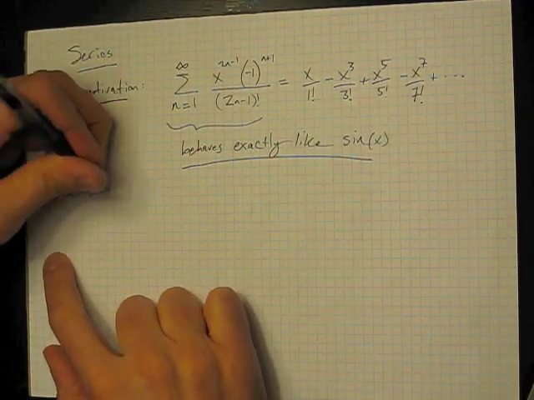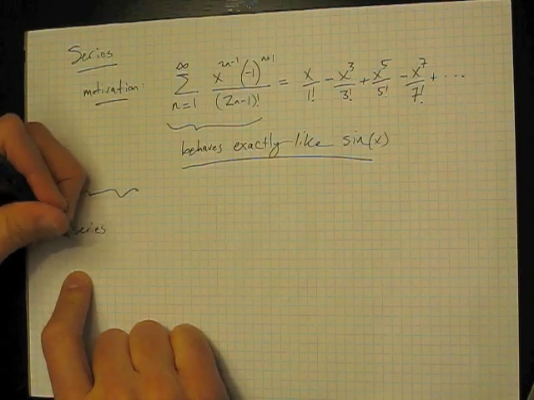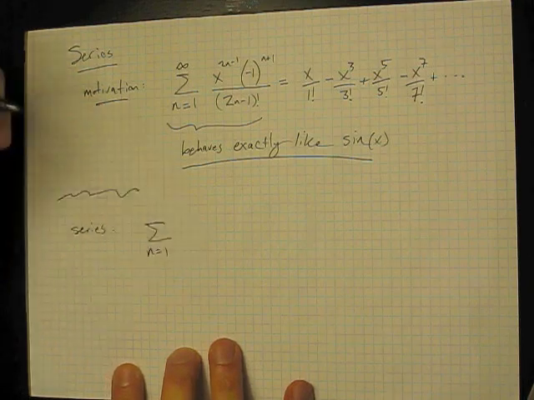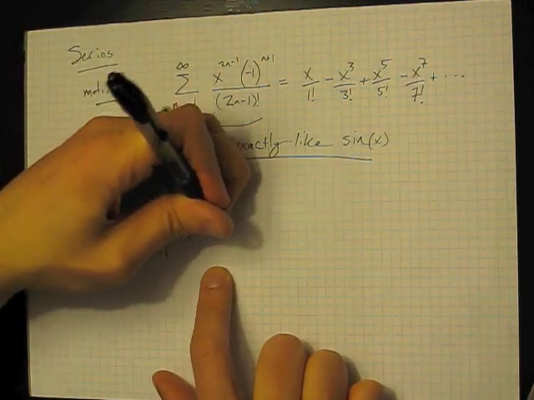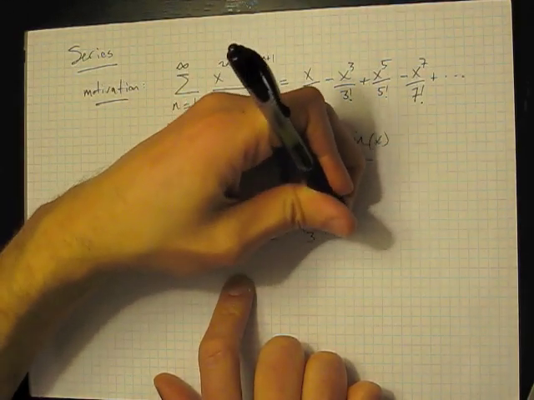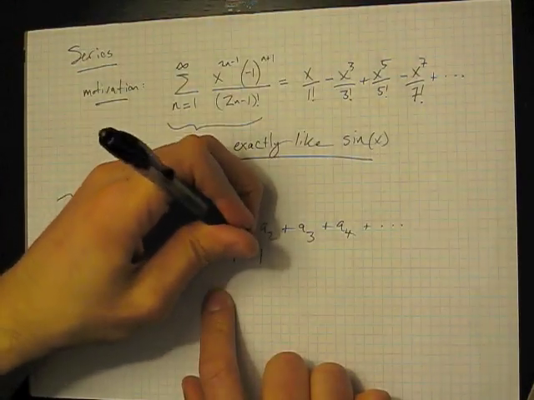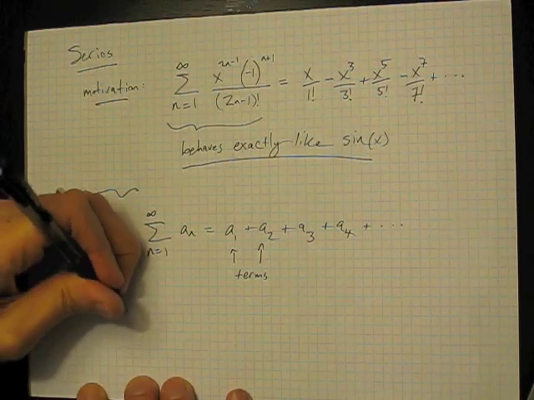But now let's go back to the definition. A series is just an infinite sum. We usually will start, maybe we'll start from 1 here. You have just a sum of an infinite number of terms. These are called the terms. We had the notion of a partial sum.